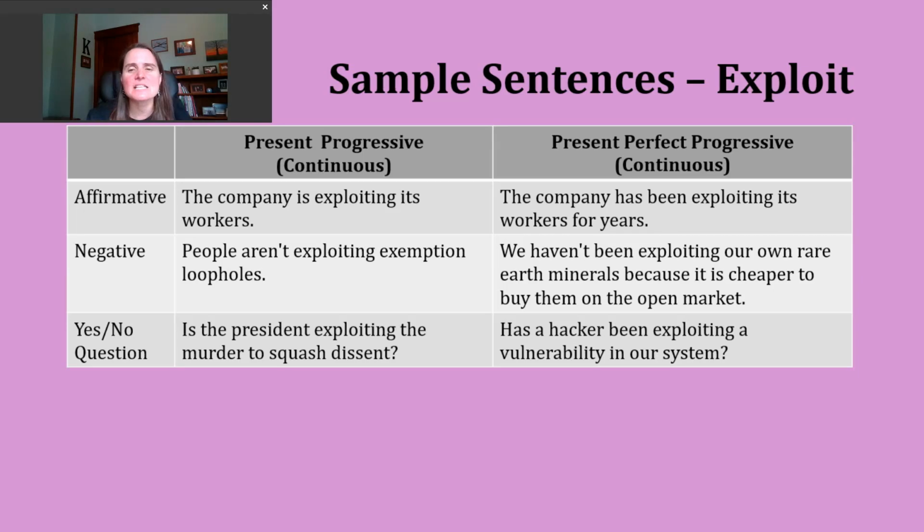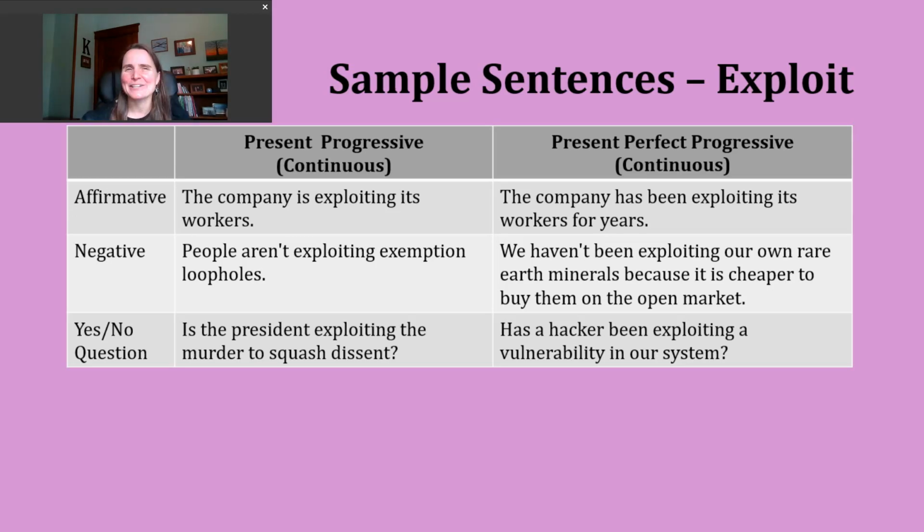So an example of this might be, we haven't been exploiting our own rare earth minerals because it is cheaper to buy them on the open market. This is a statement you might hear from another government leader who's kind of saying, like, we're not mining this particular thing here because it's just cheaper to buy it from somewhere else. Here, the meaning of exploit ties back to that first definition of the verb.